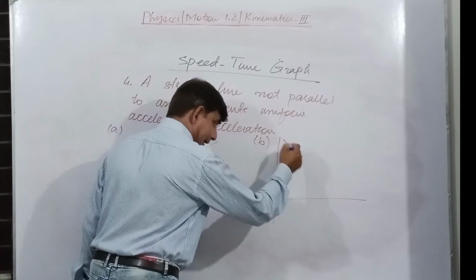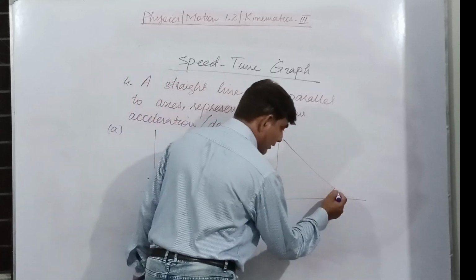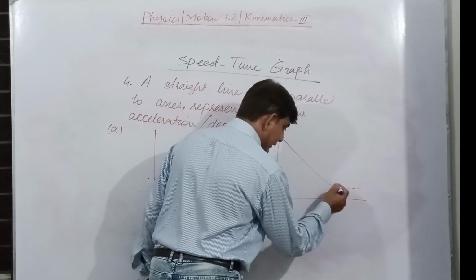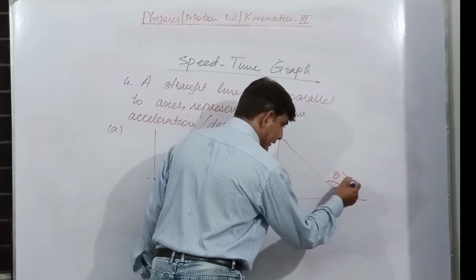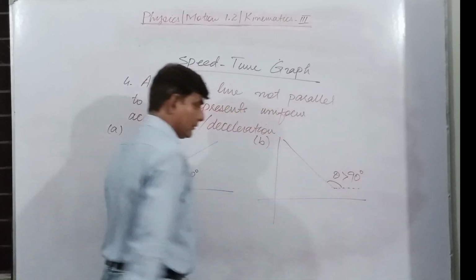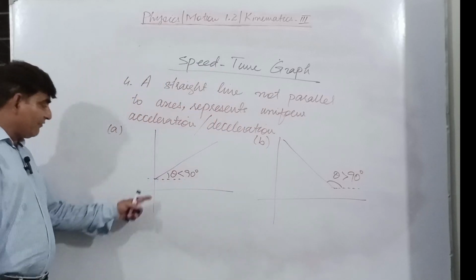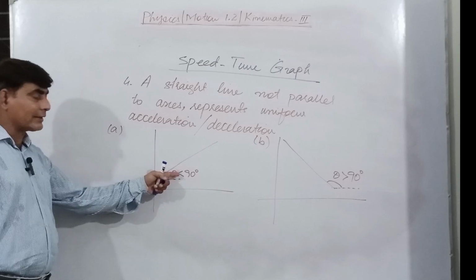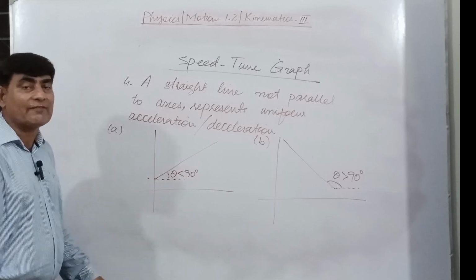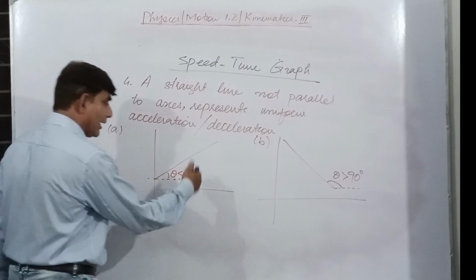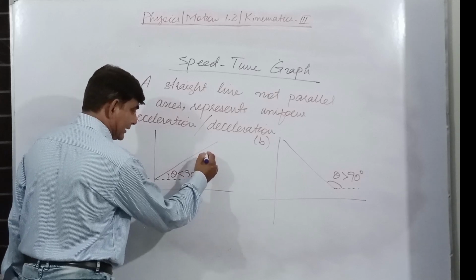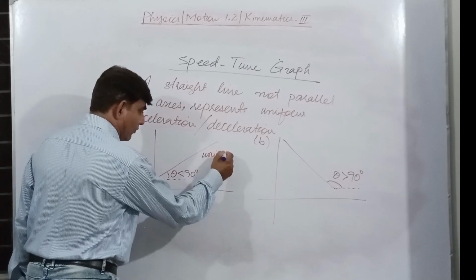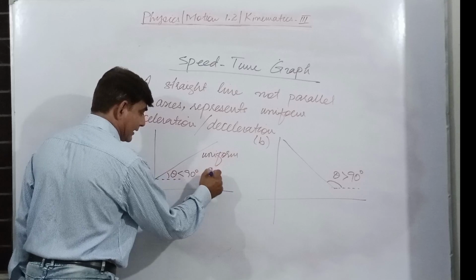If I draw a line like this, there is an angle greater than 90 degrees. So if an angle with the x-axis is smaller than 90, it shows positive acceleration or simply acceleration, right? This is uniform acceleration.